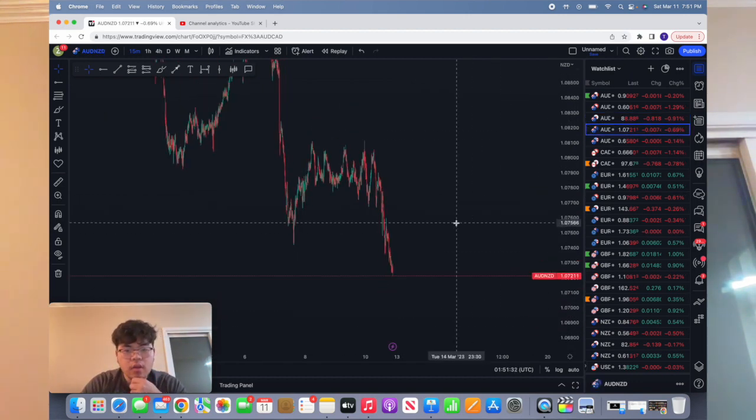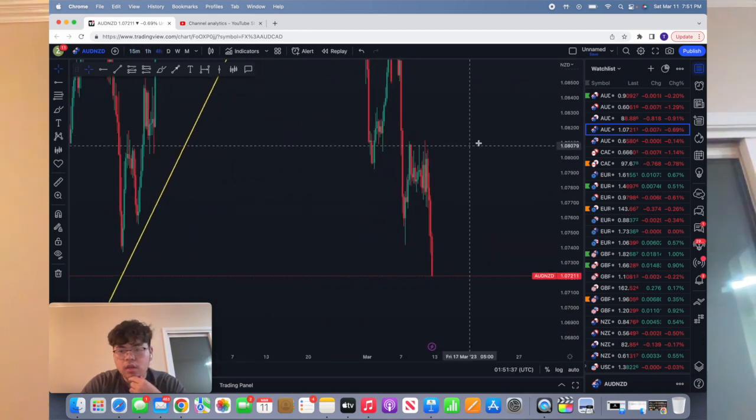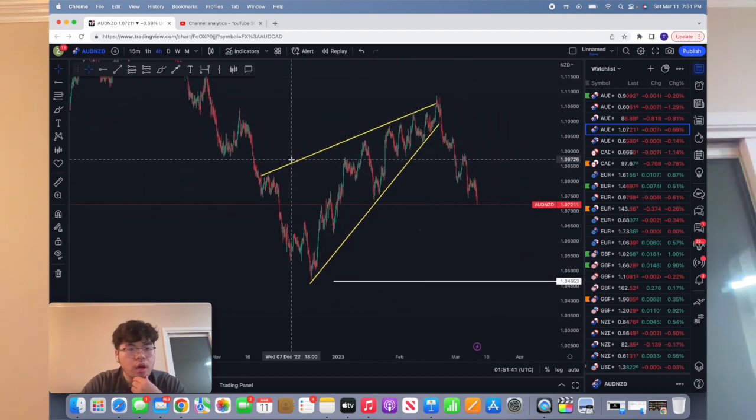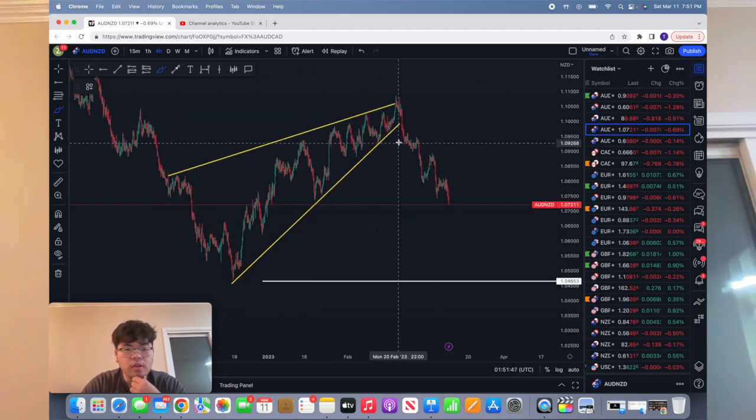AUDNZD, kind of the same thing. So you can kind of get a strategy. On the bigger picture 4-hour chart, we can kind of see a huge correction, right? So we can kind of see this momentum to the downside.